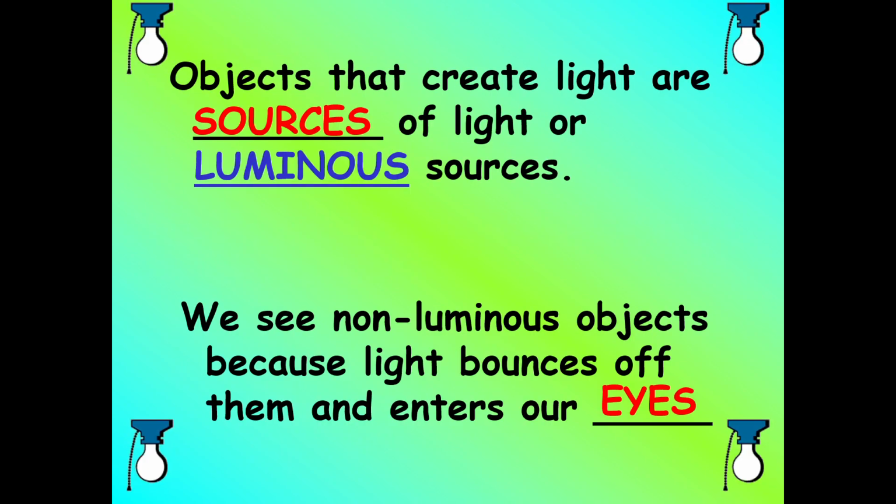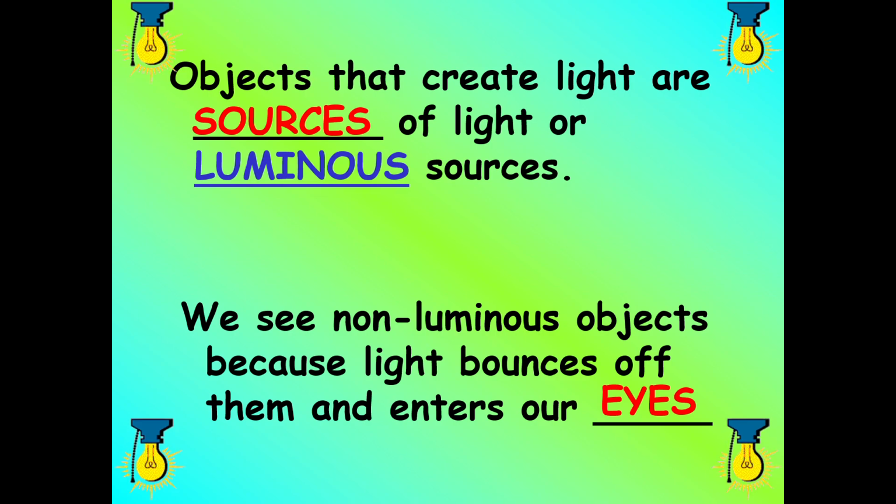So a new word for you here is the word luminous, and it's not to be confused with the word illuminous or neon objects. Luminous means an object that creates its own light. So for example, a bulb or the sun or even fire that generates light as well. Anything else that doesn't generate its own light is called a non-luminous source, and the only way we can see the non-luminous thing is through light bouncing off of that into our eyes.